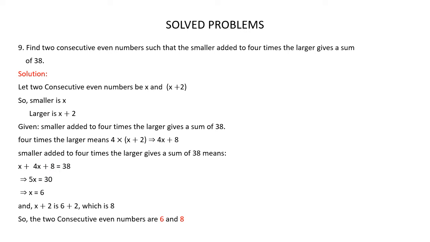When you solve this equation, you get 5x is equal to 30. That means x is equal to 6. So we have found the value of x as 6. Now we are asked to find the two consecutive even numbers. So the other number is x plus 2, which is 6 plus 2, that is 8. So the two consecutive even numbers are 6 and 8.